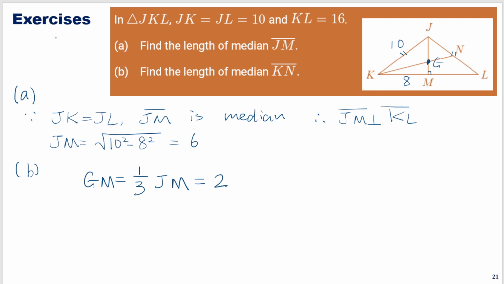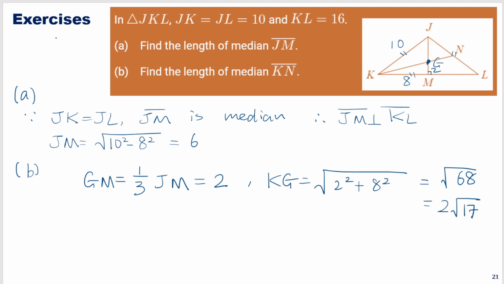So GM is 2, and KM is 8, and then KG must equal square root of 2 squared plus 8 squared, which is square root of 68, which is 2 square root 17, right?